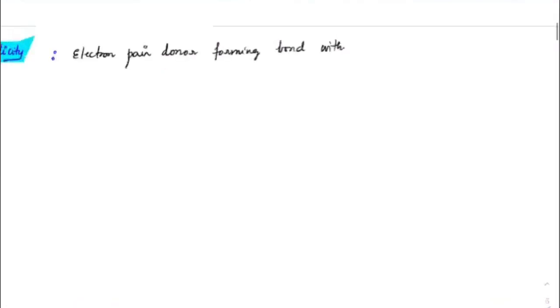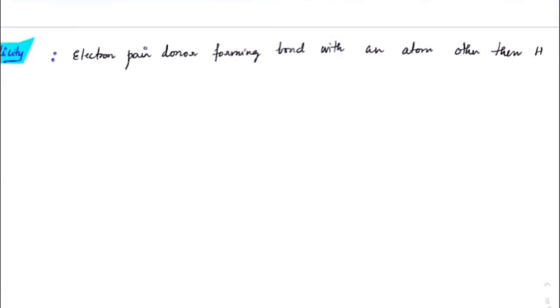See, if we have an electron pair and we are donating it, that is an electron pair donor forming a bond with an atom other than hydrogen, other than H plus, it is called a nucleophile.